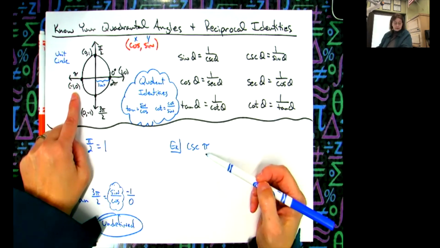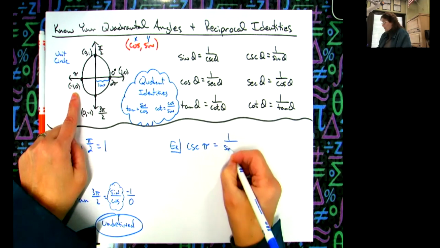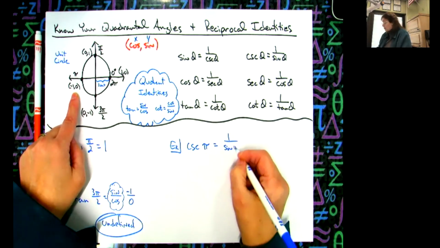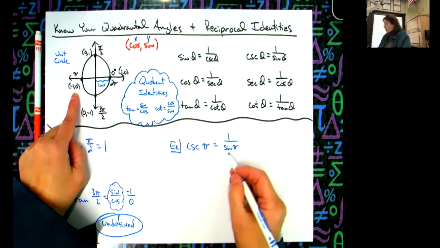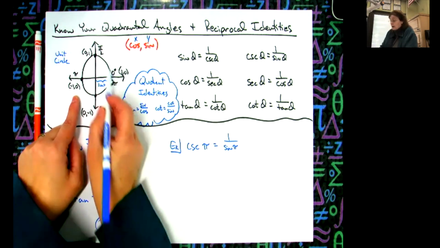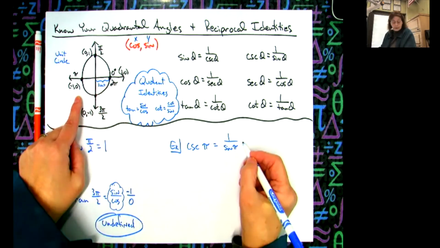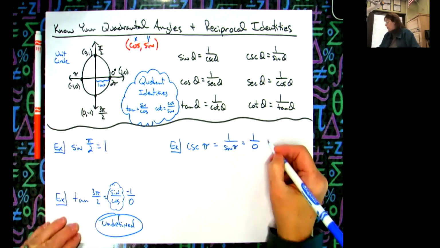So I'm going to be thinking 1 over sine. If I want to be a little more mathematical, I'd write 1 over sine pi. Well, what is sine pi? Here's pi. Sine is 0. So again, this turns out to be 1 over 0, which is undefined.